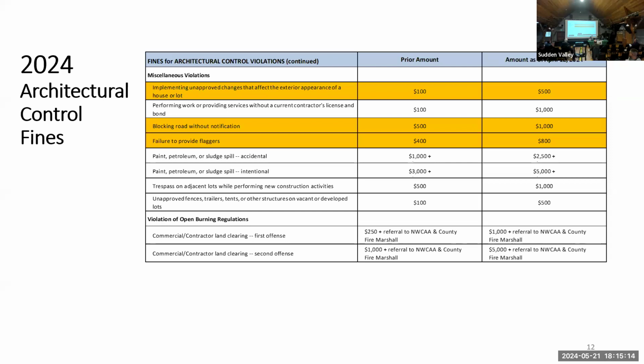Another frequent fine that is levied against builders is blocking the road without notice. Seton Valley's roads are very challenging in some areas, and sometimes even getting a delivery can end up blocking a road.